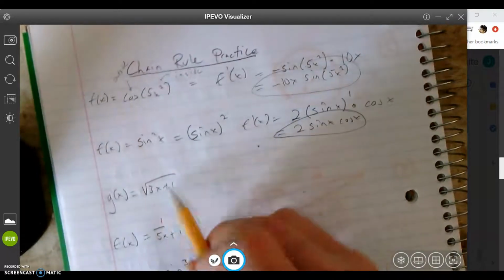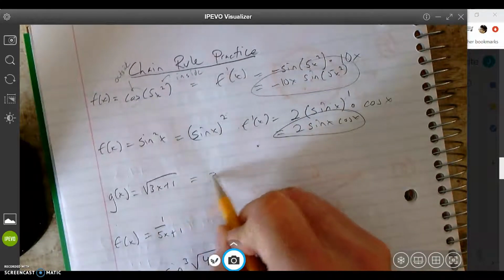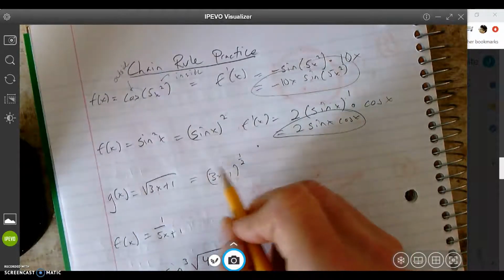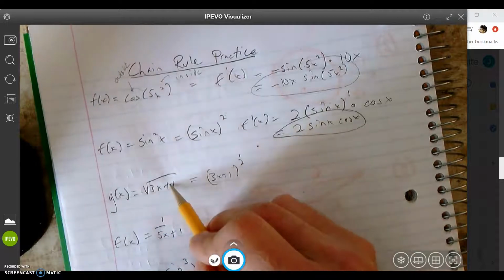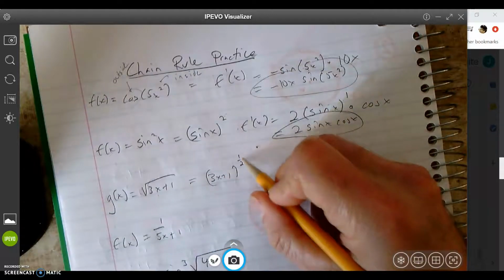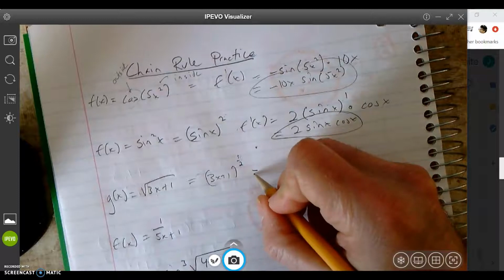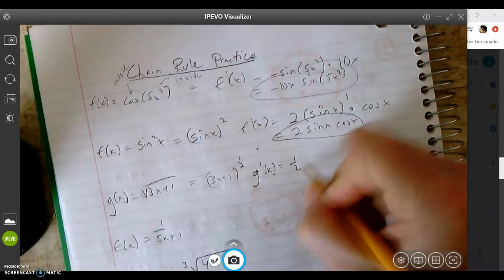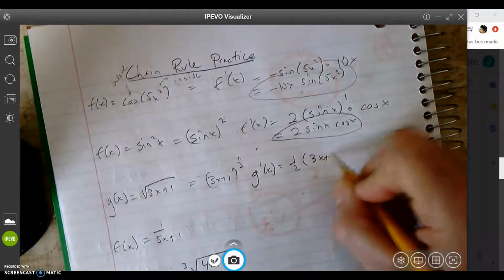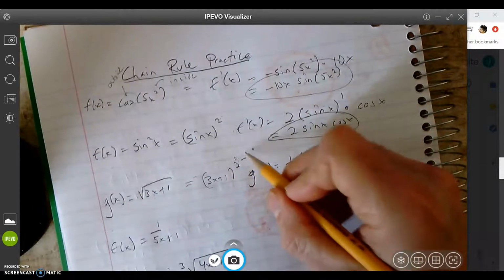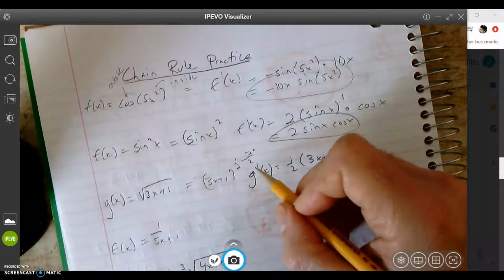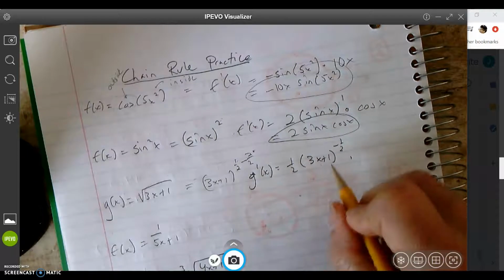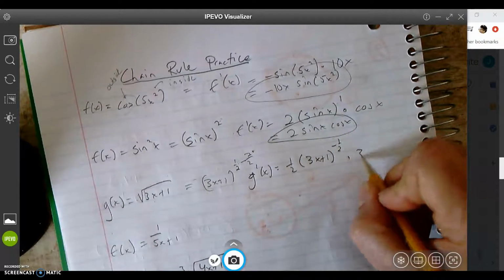G of x equals this. So I'm going to rewrite this as 3x plus 1 to the 1/2 power. So the outside is just radical x. So this is going to be a half times this, so derivative of the outside, so it's g prime of x is 1/2, keep the inside, and then subtract 1 from the exponent, that's going to be negative 1/2, times derivative of the inside, derivative of this is 3.